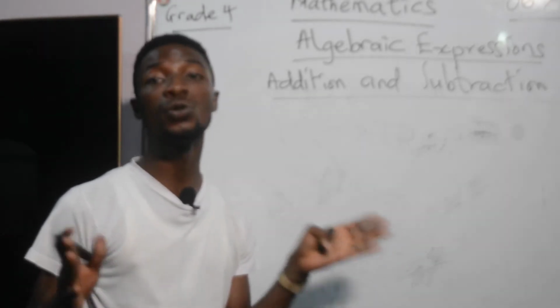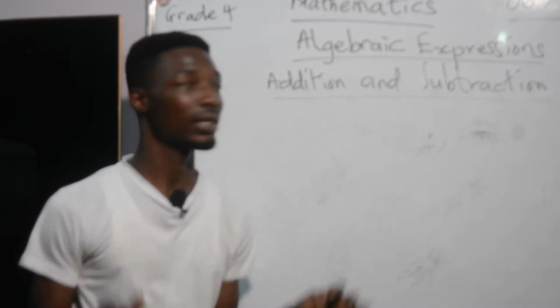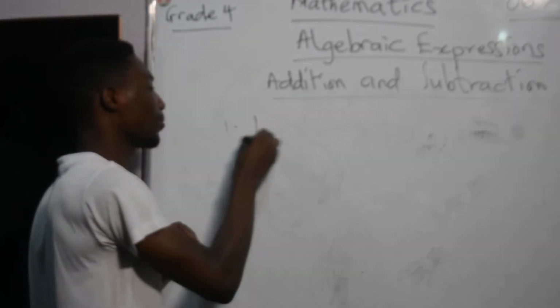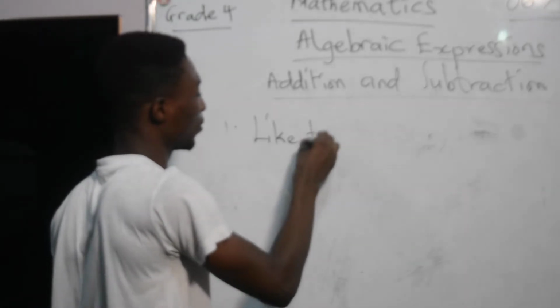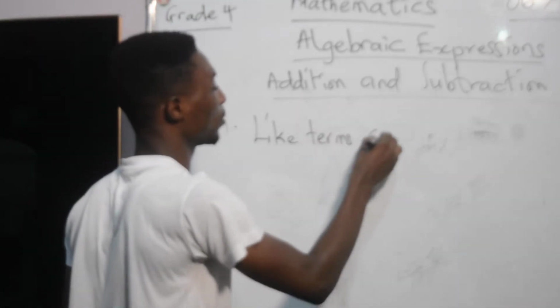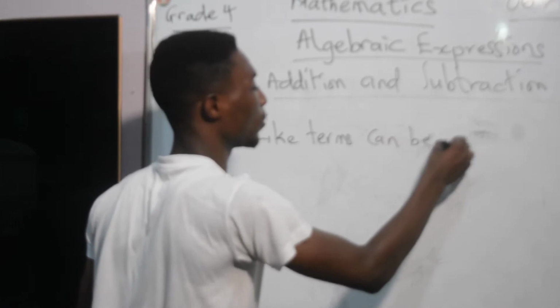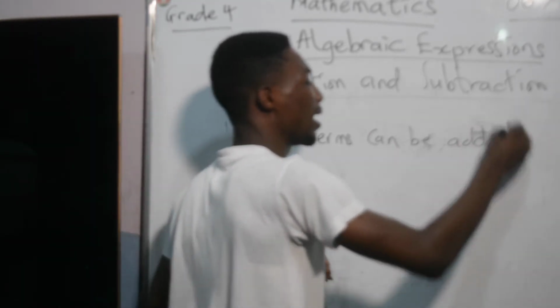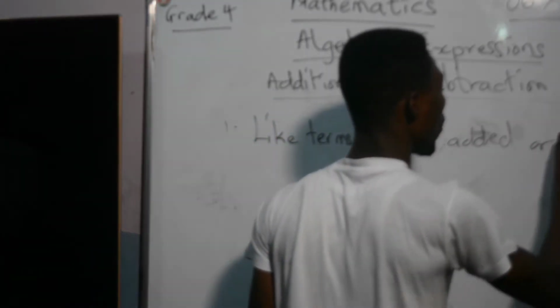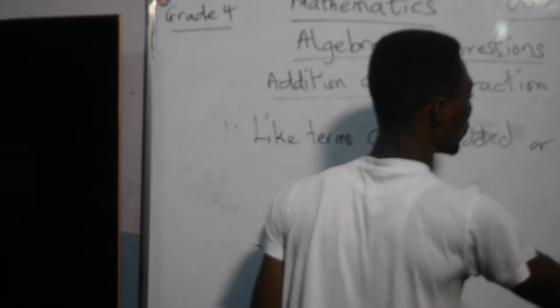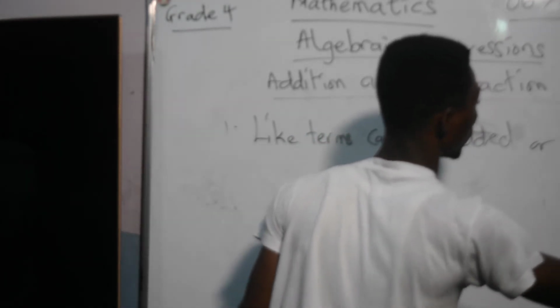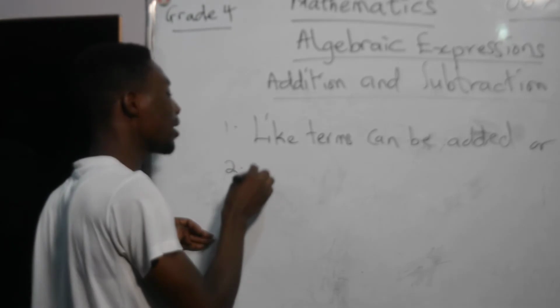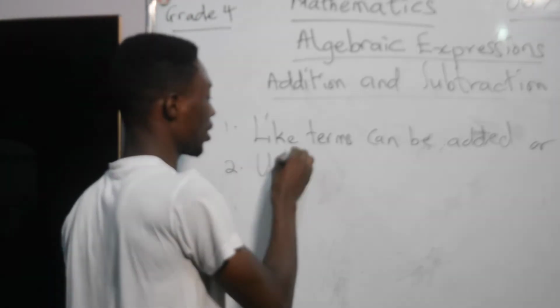There are only 2 rules here that must come to play. 1, like terms can be added or subtracted. The next one will be this.